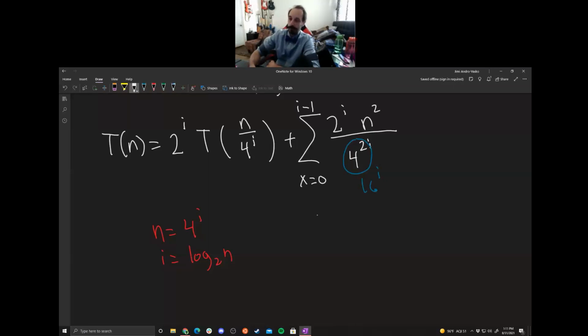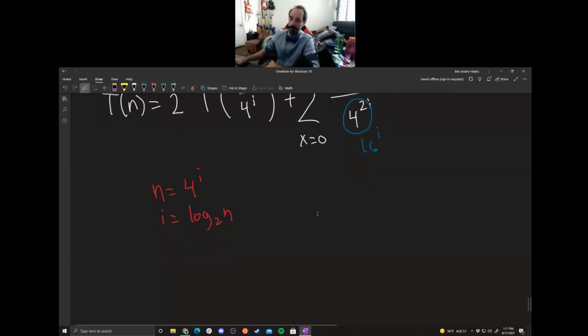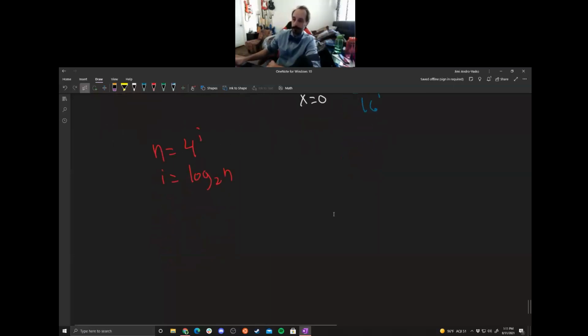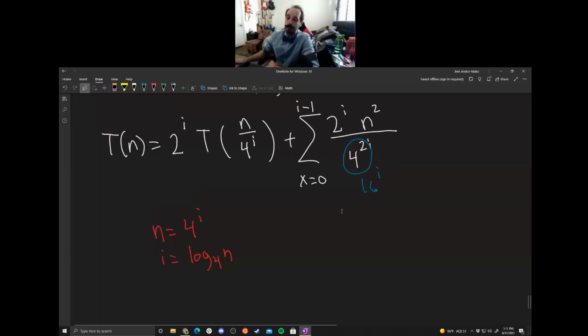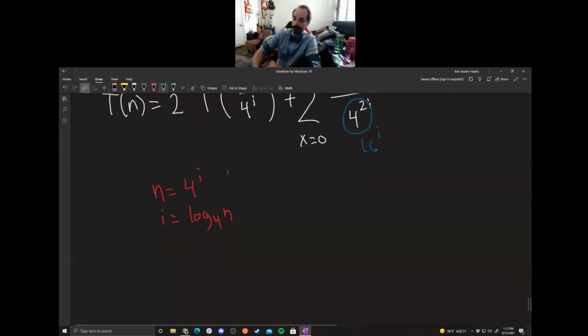So now we substitute this back in. I'll try to scroll this down here. Log 4, my mistake, log 4 of n. So now we substitute this value in. So we got 2 to the power i.